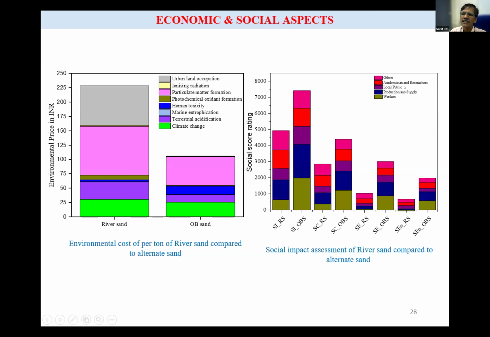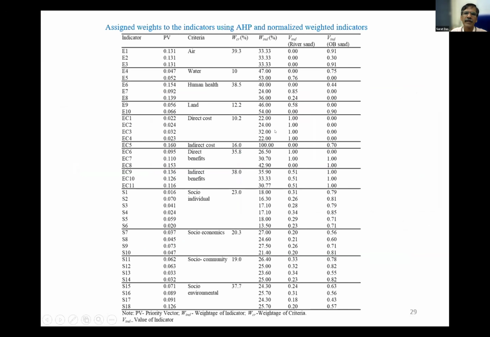If you look at this, academia, local public, production and supply, and workers, all their inputs have been considered to take the social aspect. Then we tried to find out different indicators, criteria, and requirements, comparing river sand and OB sand.